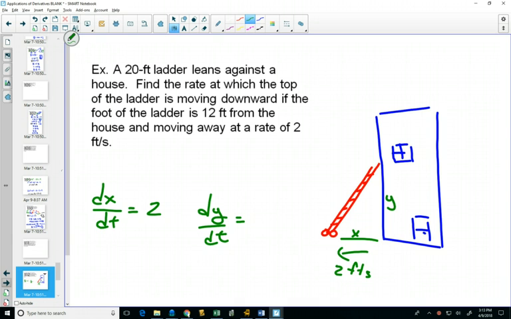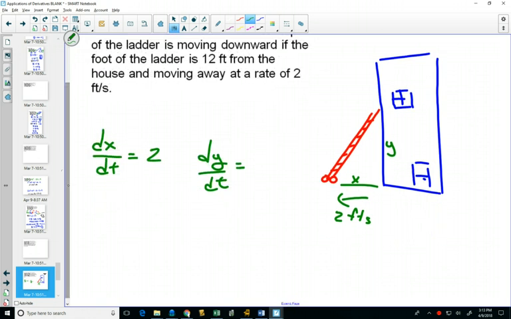Find the rate at which the top of the ladder is moving downward if the foot of the ladder is 12 feet from the house. So when we set up the equation to begin with, we set it up with our variables. What do we know in this case? We know that x squared plus y squared is equal to 20 squared, and that 20 stays constant. It does not change.